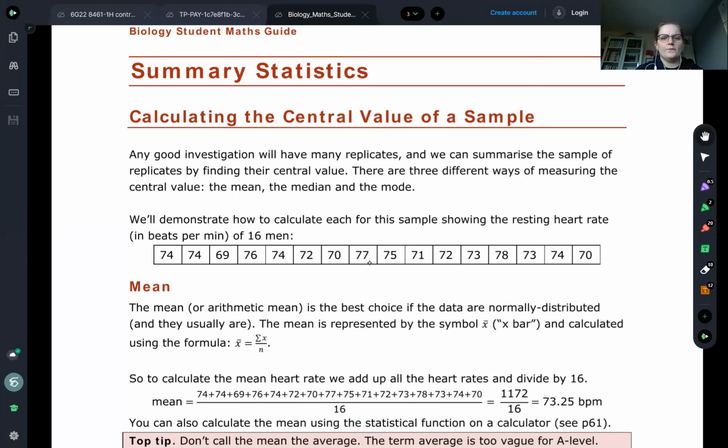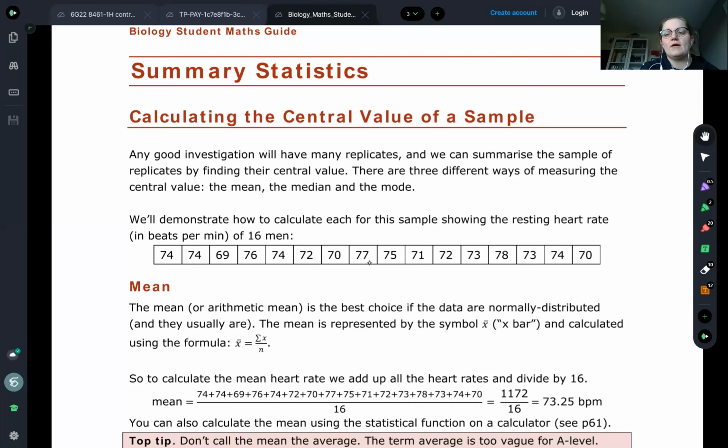Now, summary of statistics, you'll regularly get asked to look at the central value of the sample. As you know, that could be classed as the mean, median, or mode, which all three are quite different. They're really useful because when you're doing an investigation, you want lots of replicates.